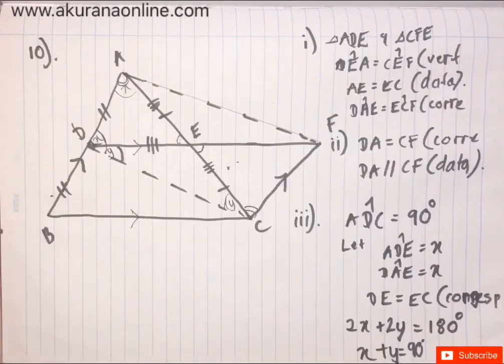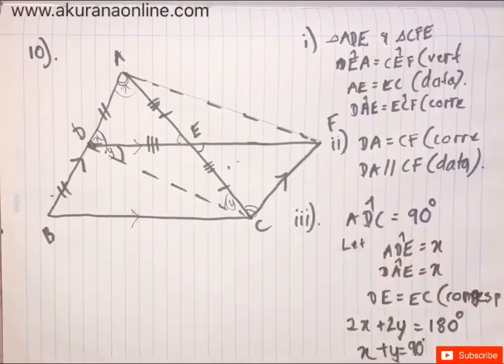Okay, I think I have missed a part. In the second part, you also have to prove that its area is equal to the area of the triangle ABC. That's a small part that I have missed. In the second part, they have said join AF and DC and show that ADCF is a parallelogram.